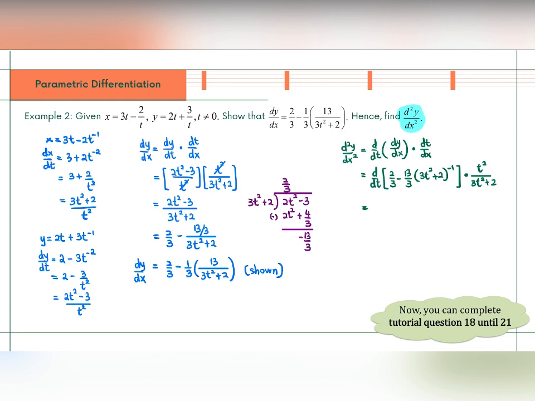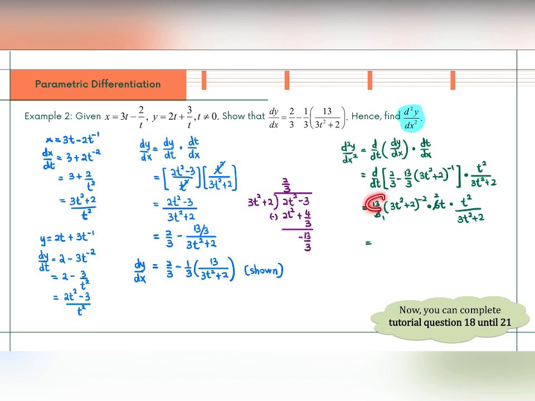Okay. So, tadi differentiate 2 over 3 dapat kosong. And then differentiate ini, term sini. So, power bawa pergi depan. So, kita ada positif 13 over 3. Salin dalam bracket. Kuasa kurang 1. Darab dengan differentiate 3t squared plus 2. Kita dapat 6t. Dan darab dengan our dt over dx. Okay, so let's simplify. 6 bahagi 3 kita dapat 2.